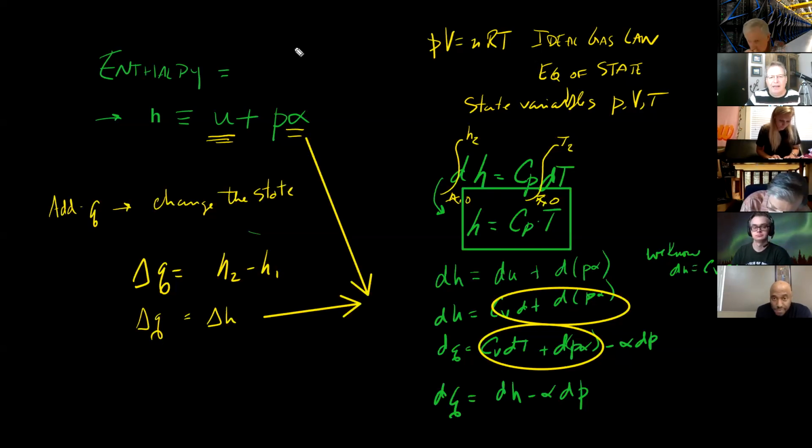So if I told you I have air that's at 283 Kelvin, what is the enthalpy of the air at 283 Kelvin? I would just take 1,004 times 283, and that gives me something called enthalpy. That's it. You could sit there and go, well, I'm not really sure what enthalpy is.